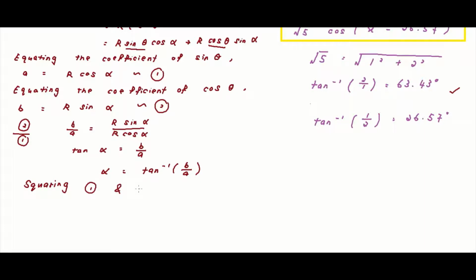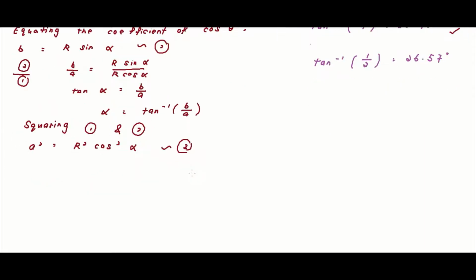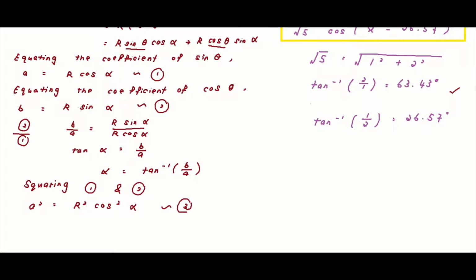When you square number 1, you get A squared equals R squared cos squared alpha, which gives you equation number 3. We do the same for the next one, B equals R sine alpha, so you get B squared equals R squared sine squared alpha, which is equation number 4.